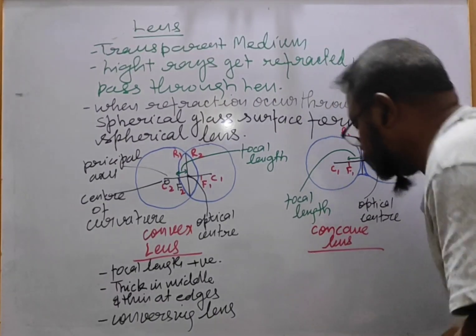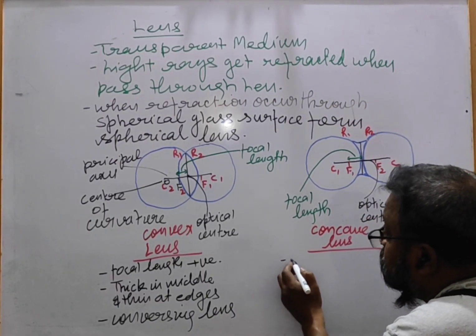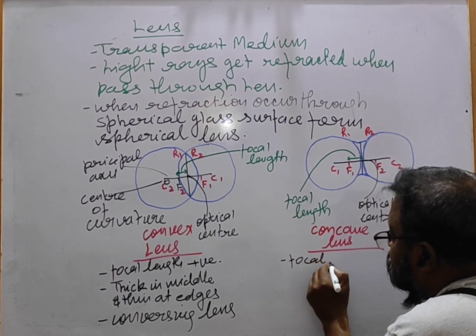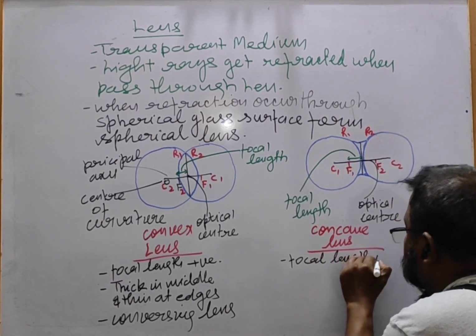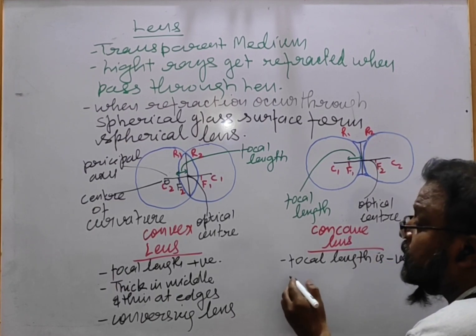And in concave, focal length is negative, right?